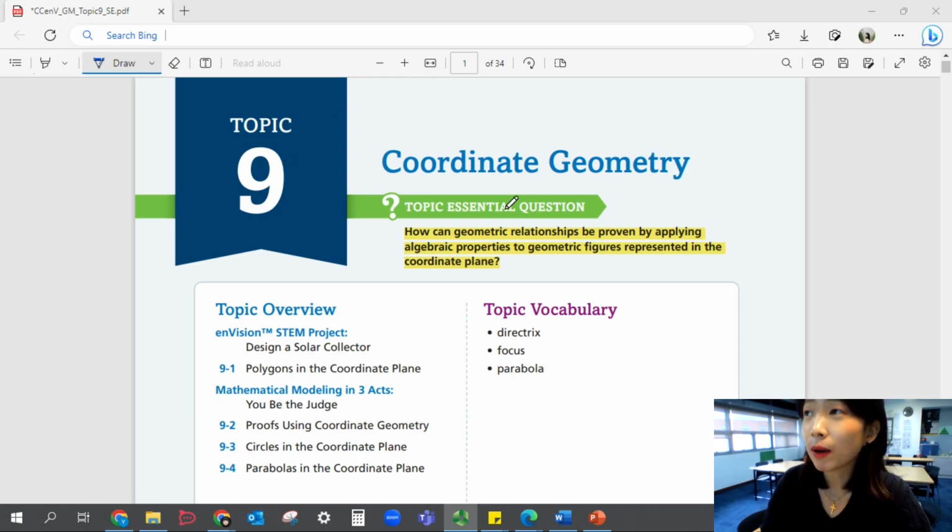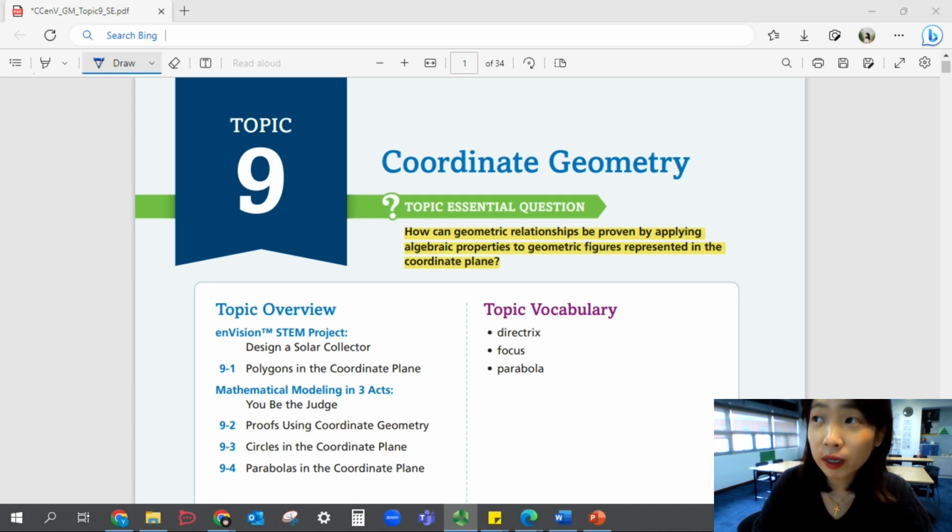Topic 9 is all about coordinate geometry. So if you remember the coordinate plane and coordinate points, those are the graphs that you learned in Algebra 1. So we will talk about geometry in a coordinate plane.